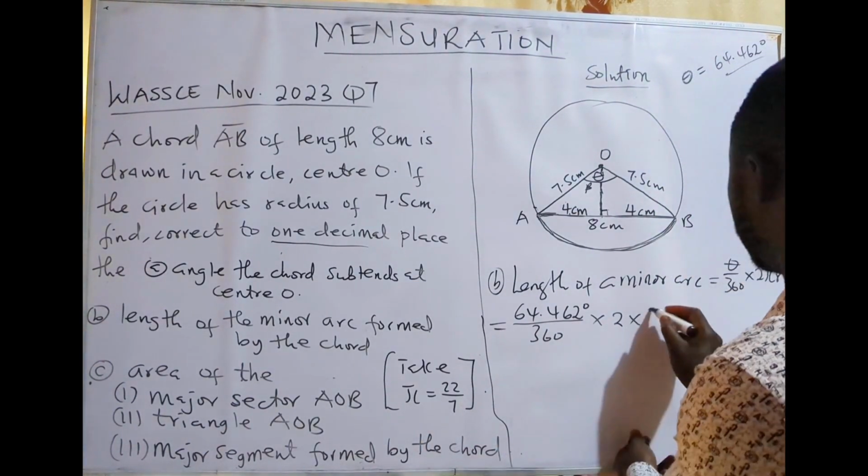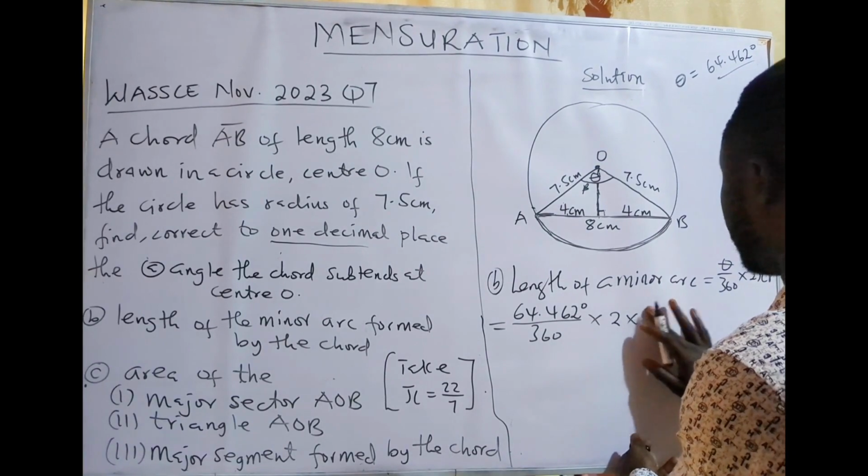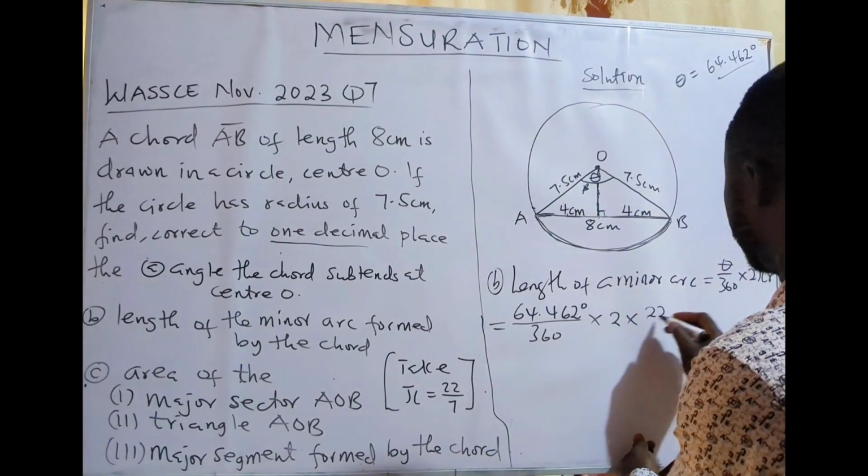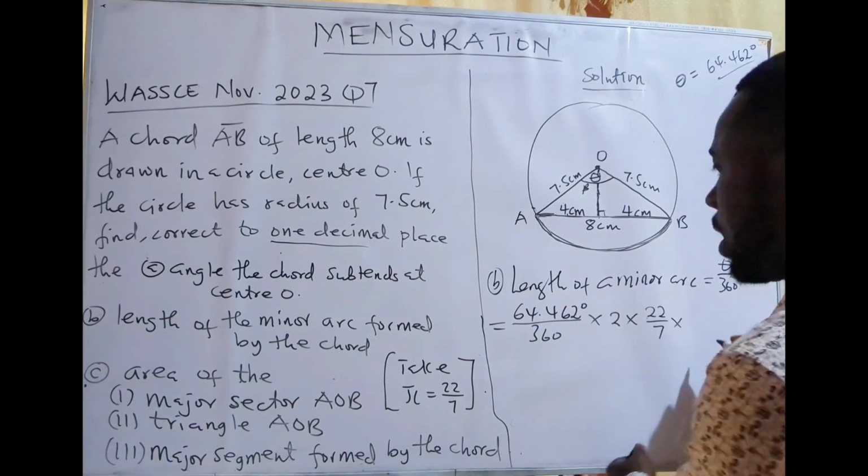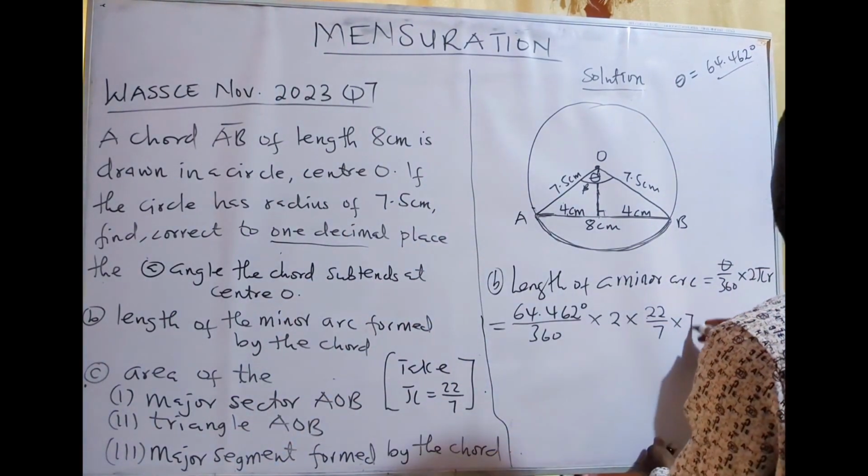We're giving pi as 22 over 7. 2 pi. Then what is our r? 7.5.